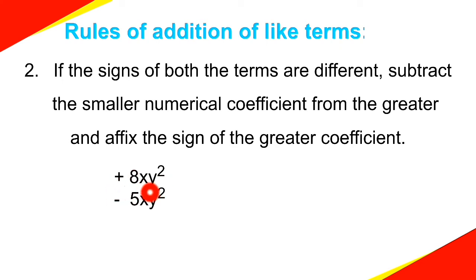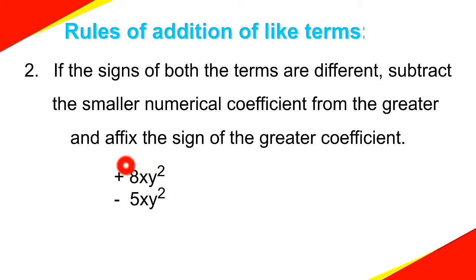8xy square. For xy square, what is the coefficient? Plus 8. Next, for minus 5xy square, for xy square, what is the coefficient? Minus 5. Here, xy square are same in both the terms.